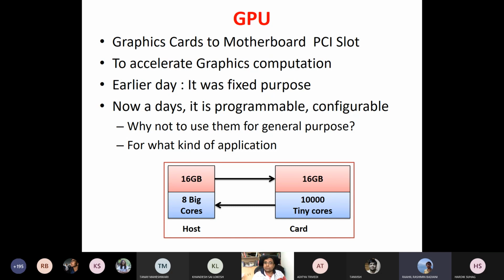Many general applications have similar characteristics, so why not use the GPU for them? That's why nowadays GPUs are used for general purposes also.